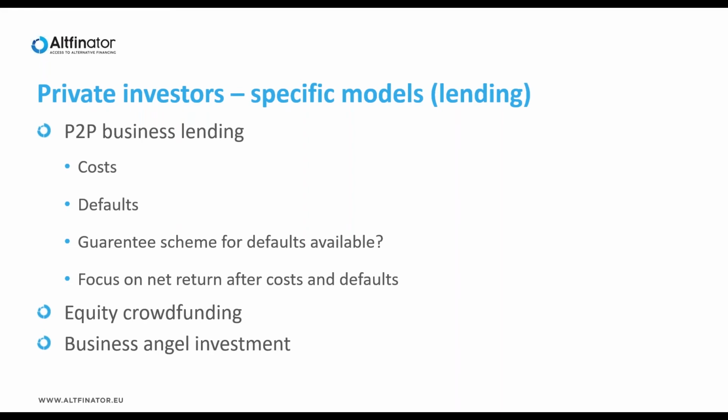It works more like an insurance. Most of the time, the platforms pay a certain amount for every project they put under this guarantee scheme, and that flows into one big fund, which repays if there is a default. Then your net return upfront will already be lower, or the cost for the entrepreneur will be higher. It depends on who pays for it and how it is structured by the platform.